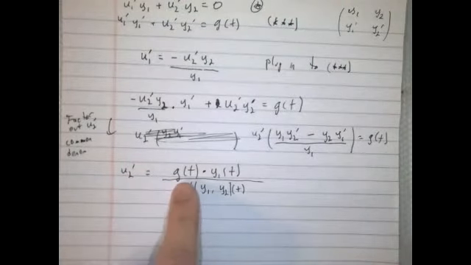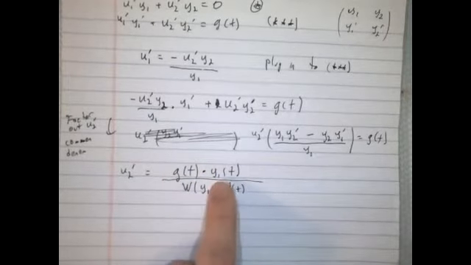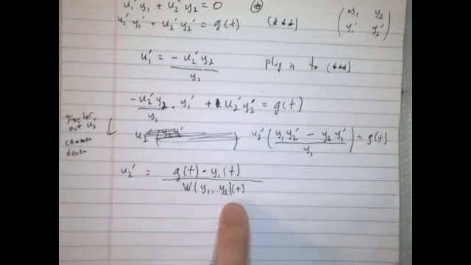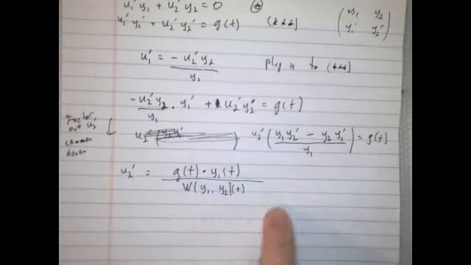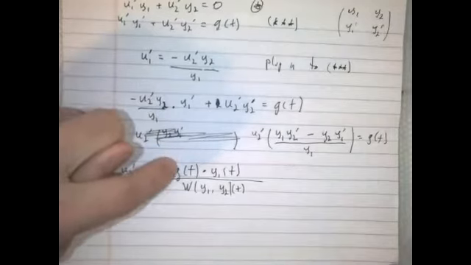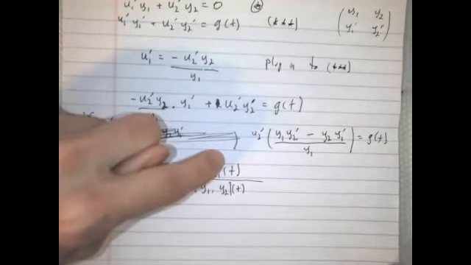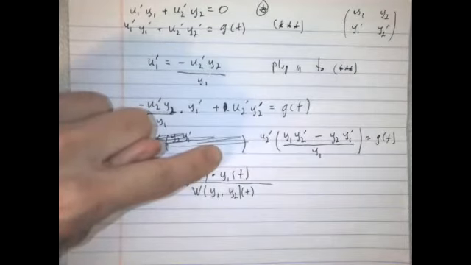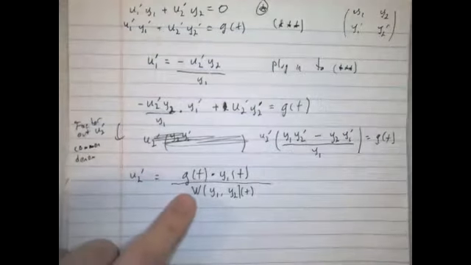And it's literally going to be equal to the non-homogeneous piece times your first fundamental solution over the Wronskian. And all of these things are either given to you, g of t is given to you, y1 you can obtain because we're assuming you can solve the homogeneous second order linear equation, and the Wronskian you can compute.